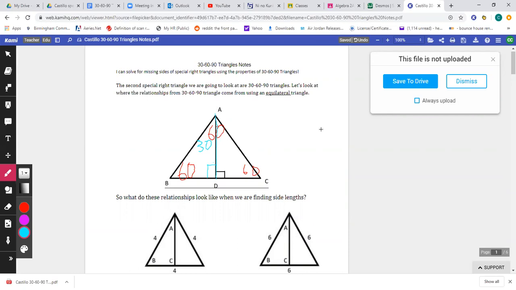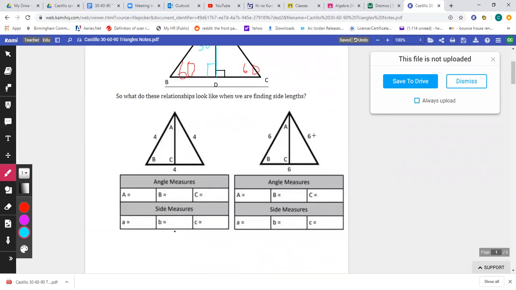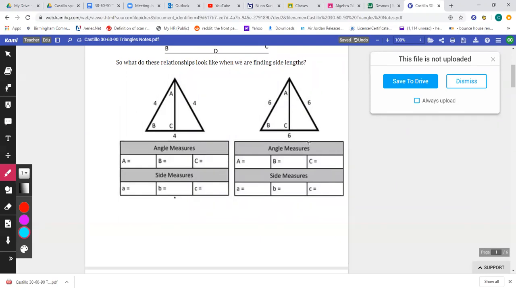Now let's take a look at the relationships between the sides of a 30, 60, 90 triangle. So here, let's say we had an equilateral triangle with all sides 4, right? Now, I know from before that this is my 30, this is my 60, and this is my 90.